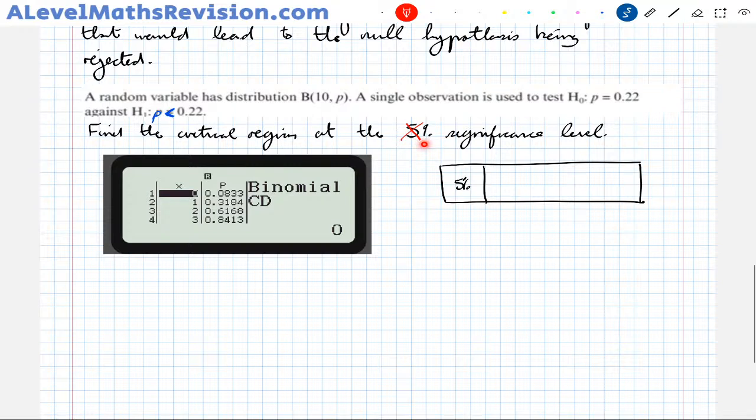If we did a particularly rubbish test, let's say 70% significance level, you never would do that, that's a ridiculous thing to do, but if you were to do a 70% significance level, the critical region would be 0, 1 and 2, because all of those probabilities lie below 70%. They would be rejected.